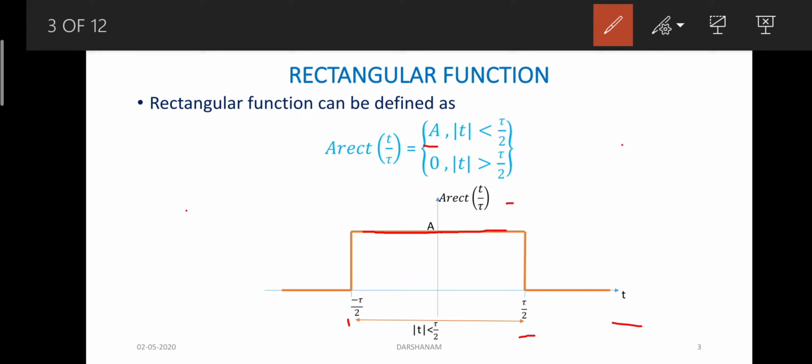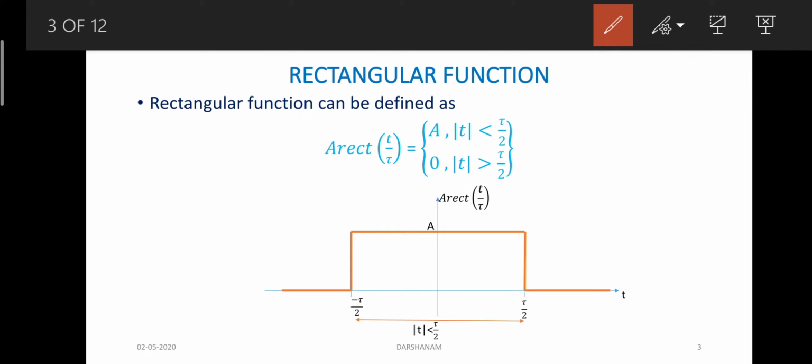And if |t| is greater than tau/2, the magnitude is 0. That is, on the right-hand side of tau/2 and on the left-hand side of minus tau/2, the value is 0. So by connecting these discontinuities, we will get a rectangular function like this.